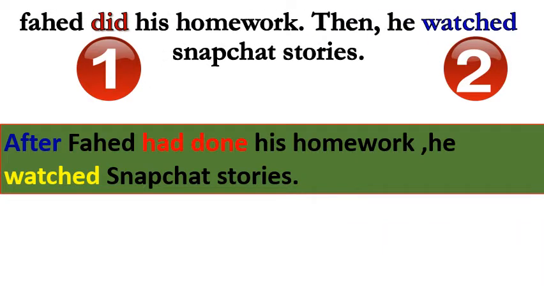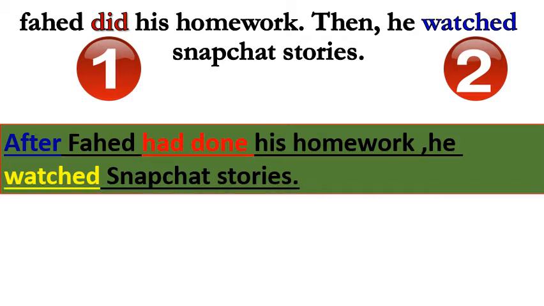Here we have another example. Fahd did his homework, then he watched Snapchat stories. We have two actions here. One happened first and the other one happened after that. Let's see the answer.